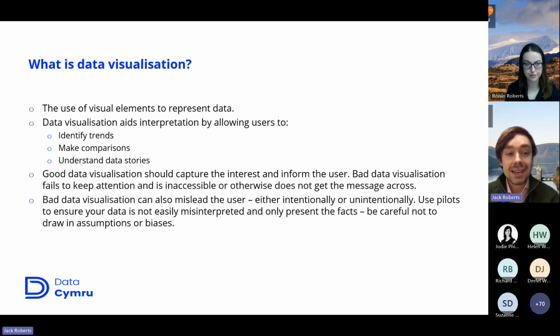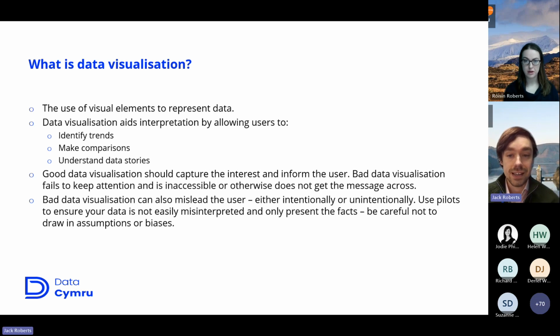So bad data visualizations, on the other hand, will perhaps fail to keep attention, will be inaccessible, or fail to get the message across. Klaus Wilke's book on the fundamentals of data visualization describes bad data visualizations as ugly, bad, and wrong. So ugly visualizations can be technically clear and informative, but look bad, and this can present problems with understanding the data, but also in general has a negative effect on branding and can cause users to switch off.